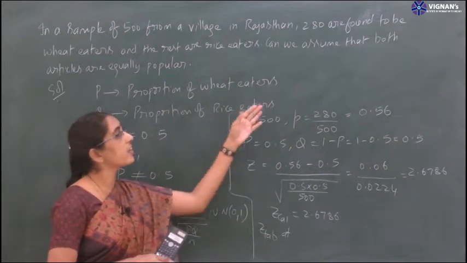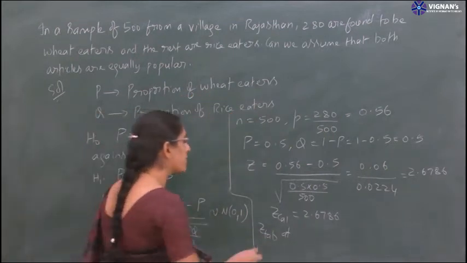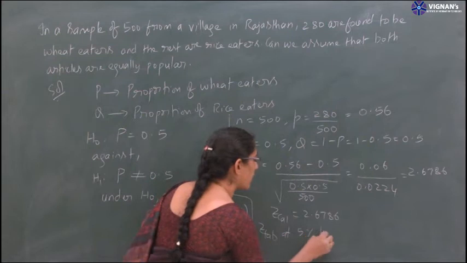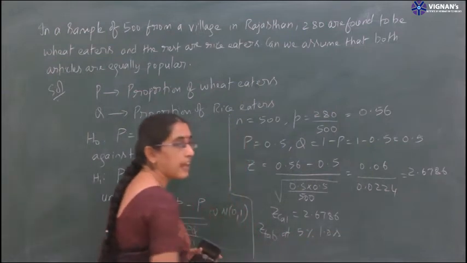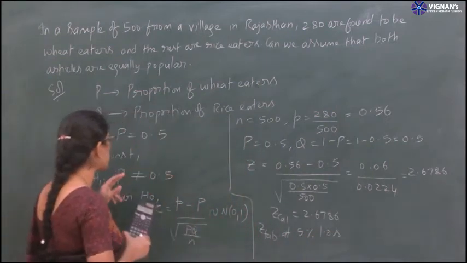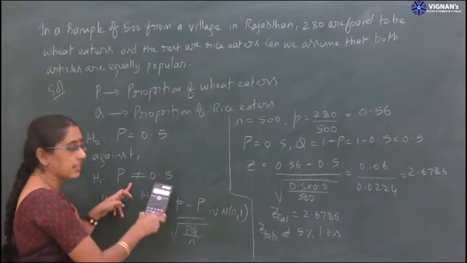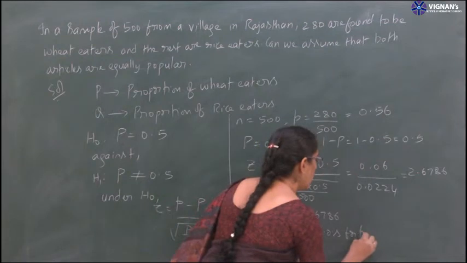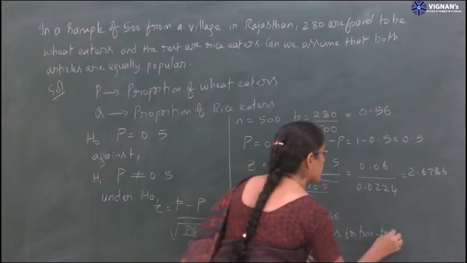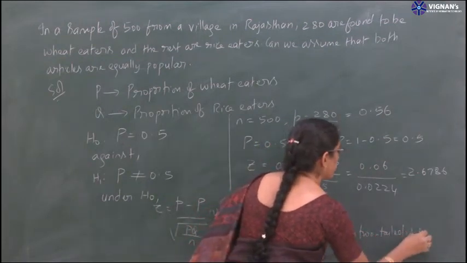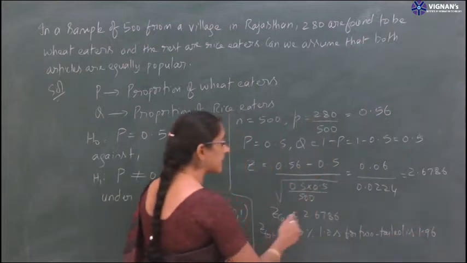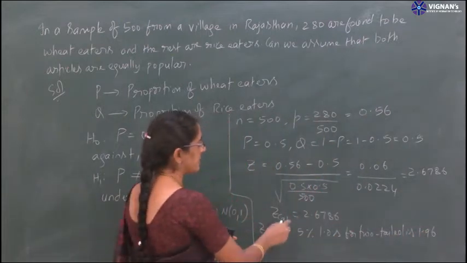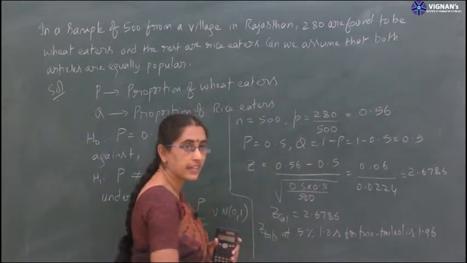Now we have to obtain the Z tab. The level of significance is not mentioned, and whenever the level of significance is not mentioned, we consider 5% by default. Z tab at 5% level of significance for the corresponding alternative, that is two-tailed here, is 1.96. So Z tab is 1.96, Z cal is 2.6786.